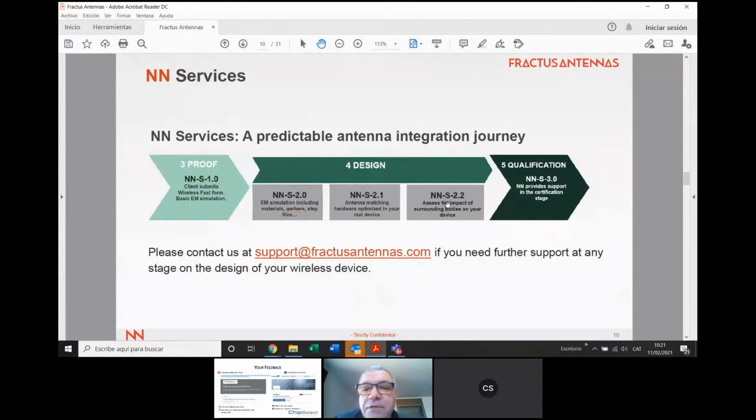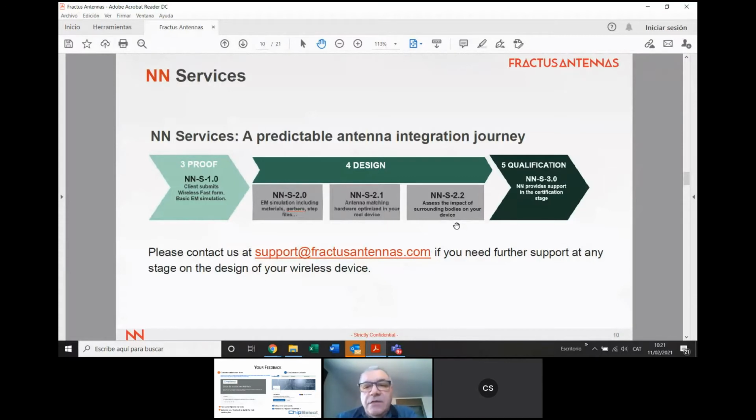So there is another service where we can make simulations taking into account the influence of the external elements of the IoT device. As I said, the human body or wood or plastics or elements like cement, metals, and whatever.